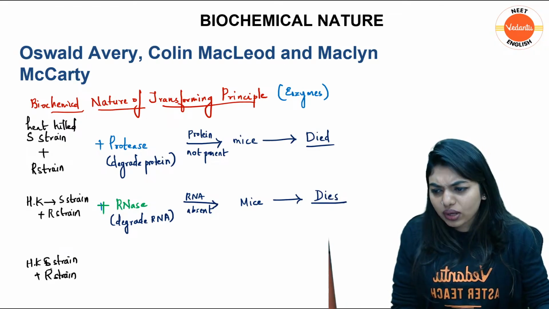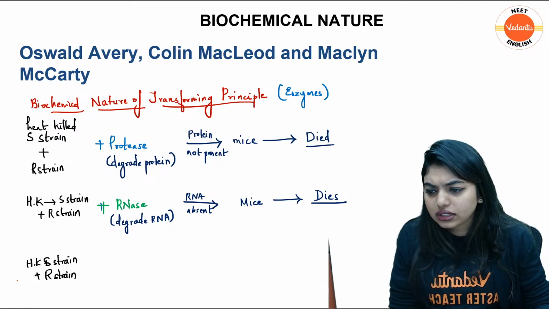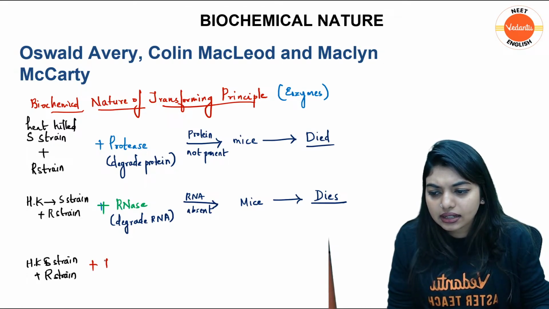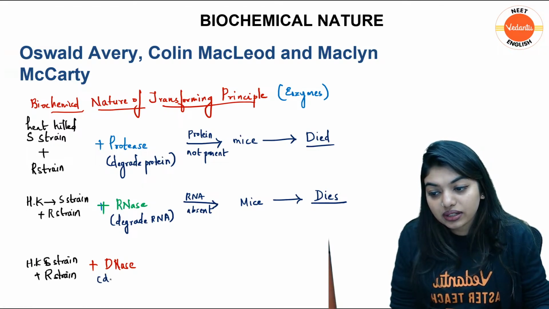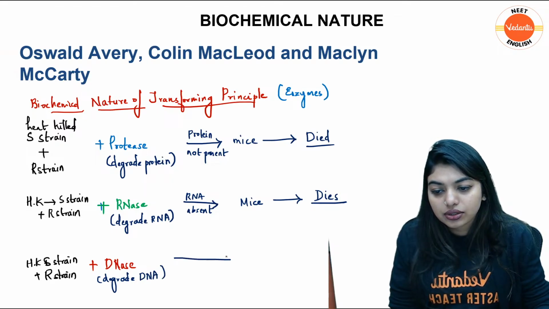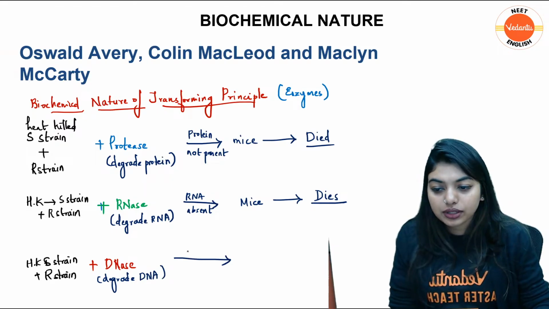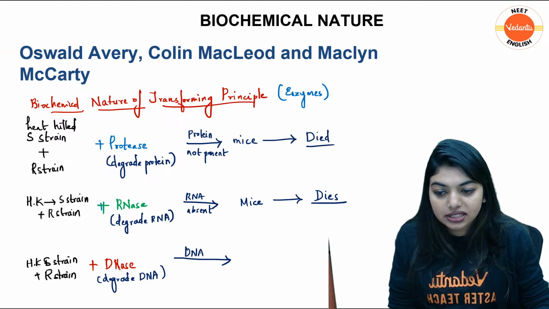Then they were like, okay, fine, something is wrong. Then they said, okay, let's add DNase. What is DNase going to do? Degrade DNA. So here they added this into the mice. What is happening here, students? The genetic material, the DNA, is absent.